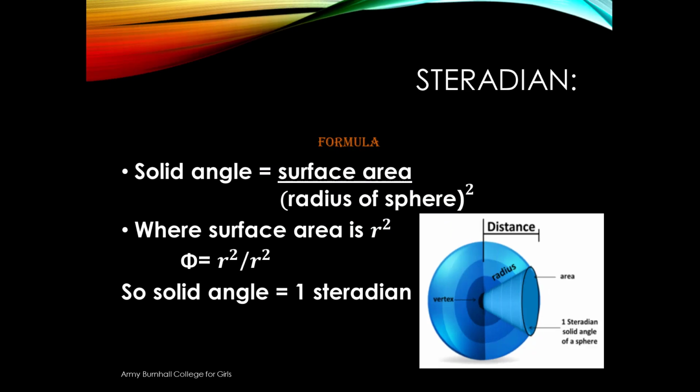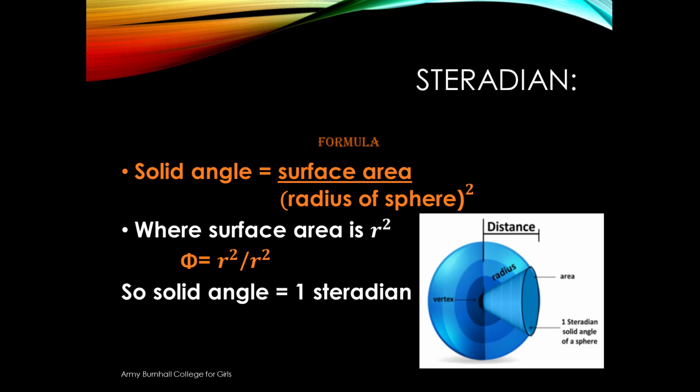If you are going to consider the formula of steradian, that will give you solid angle is equal to surface area divided by radius of the sphere square. So in radian we have considered surface area divided by radius of the circle. Over here we have to take surface area divided by radius of the sphere square.